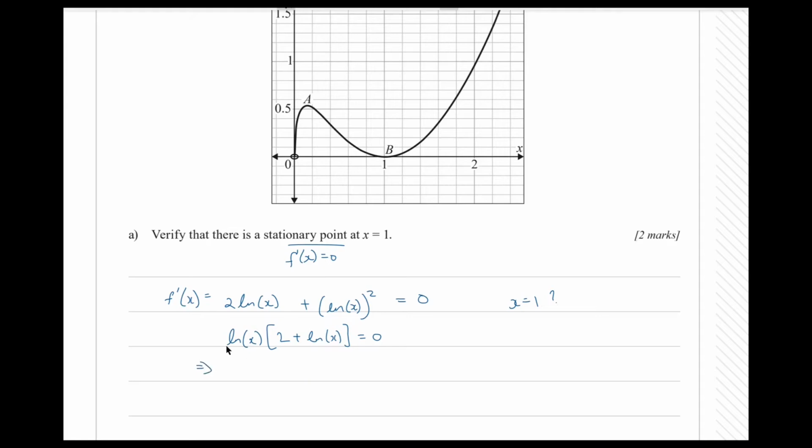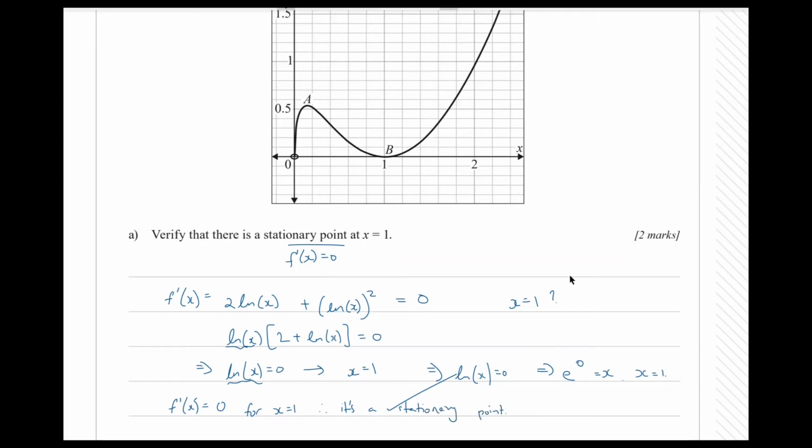So this means either ln x equals 0, which means x equals 1. Remember, ln of x equals 0 can be rewritten as e to the 0 equals x, and anything to the power of 0 is 1, so x is 1. So we verified it. So f dash of x equals 0 for x equals 1, therefore it's a stationary point.